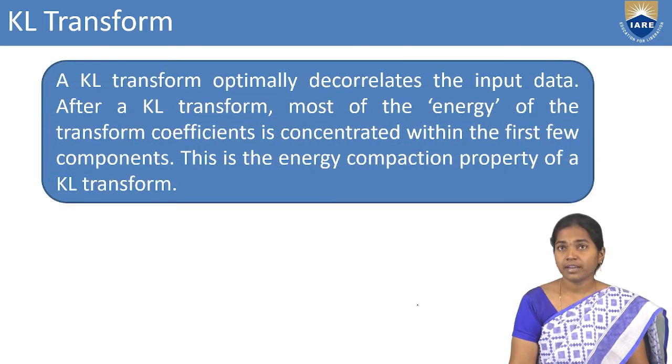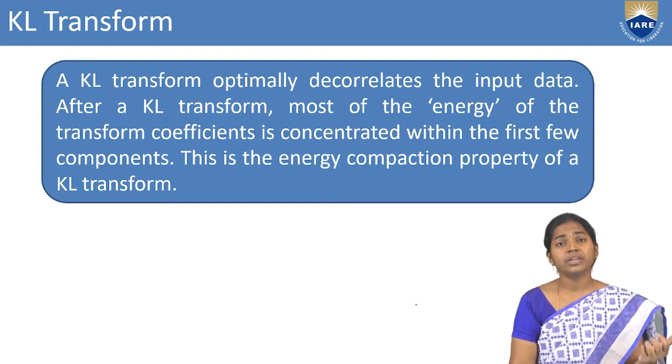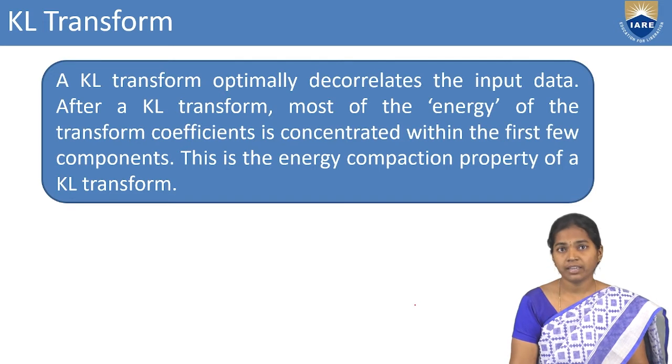The KL transform optimally decorrelates the input data, and after the KL transform, most of the energy of the transformation coefficients is concentrated within the first few components. So there is no need to consider all the eigenvalues.